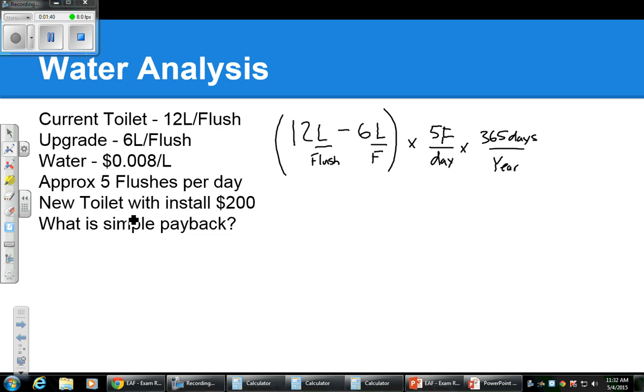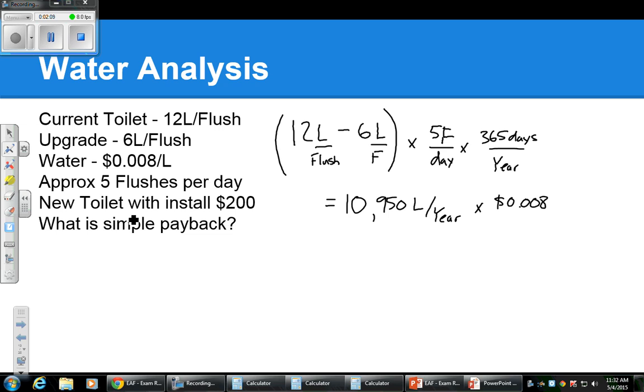And that will tell us about how much water we're going to save. Some quick math: 6 times 5 times 365 gives 10,950 liters per year.